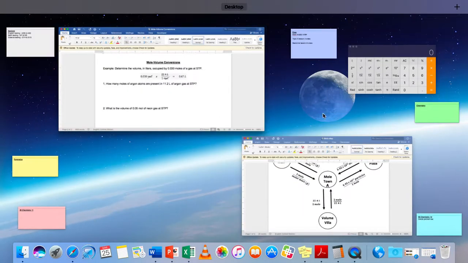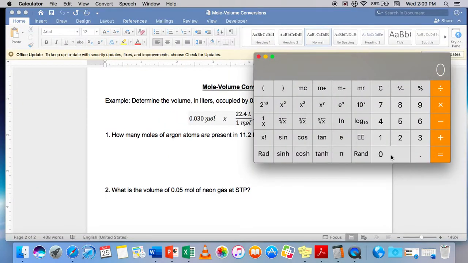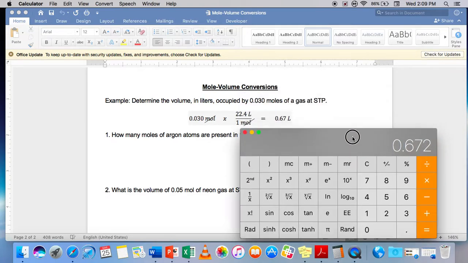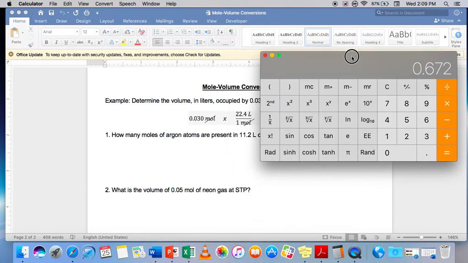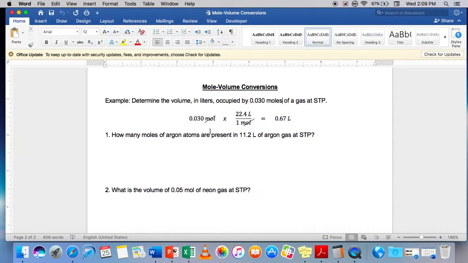In our calculator, we do 0.030 times 22.4 because it is on the top, and then divide by 1, and our answer is 0.67 liters. You can see how moles is on the top and moles is on the bottom, so that cancels. The only unit left over is liters.